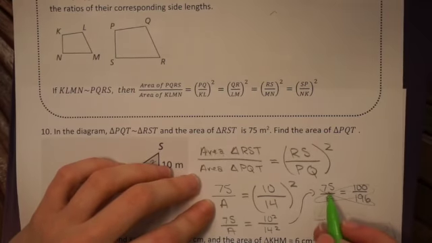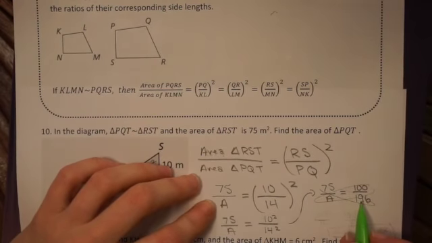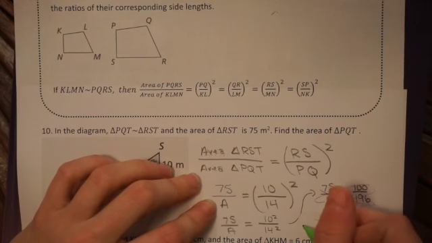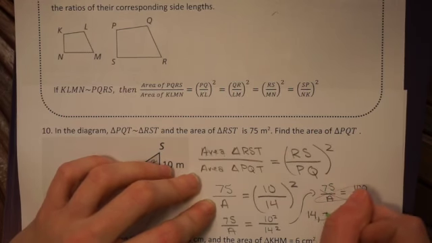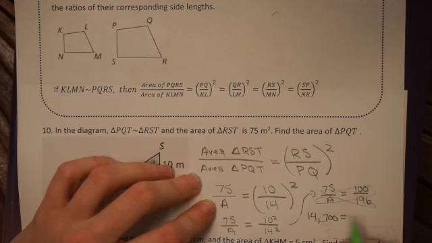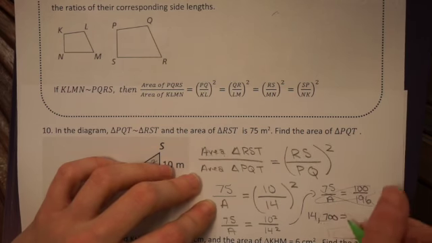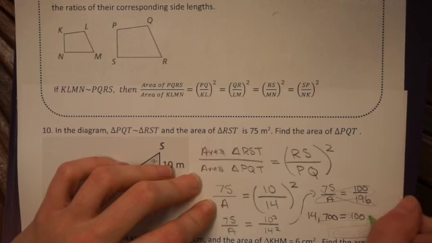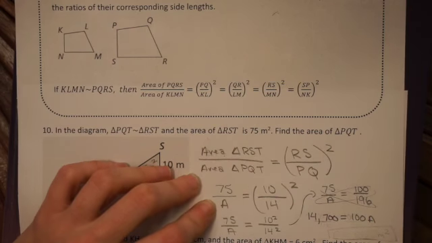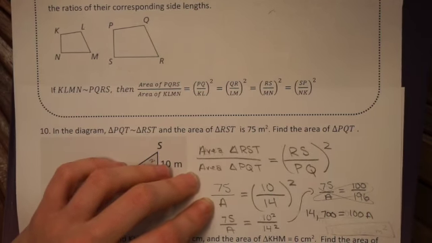When I cross multiply 75 and 196, it's going to be a bigger number, 14,700. Now when I multiply 100 and A, I just get 100A, or you can say X, you can use any variable.